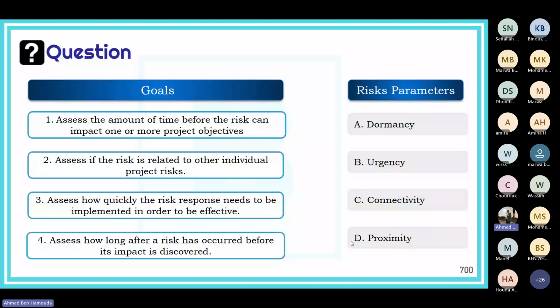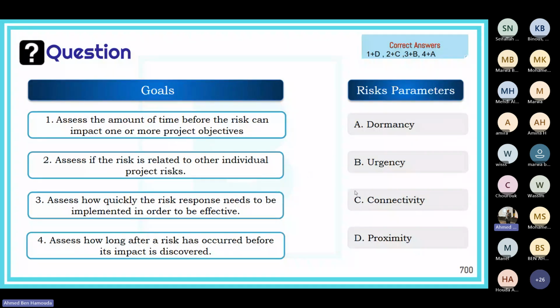Many times I tell my course participants, in a drag and drop question, try to search in each scenario for a keyword which would link you with the right answer. So here in answer A, we're talking about how much time before the risk can impact, so we're talking about proximity. Let me show you the answers. The second scenario is about relationship. Is it related or not?